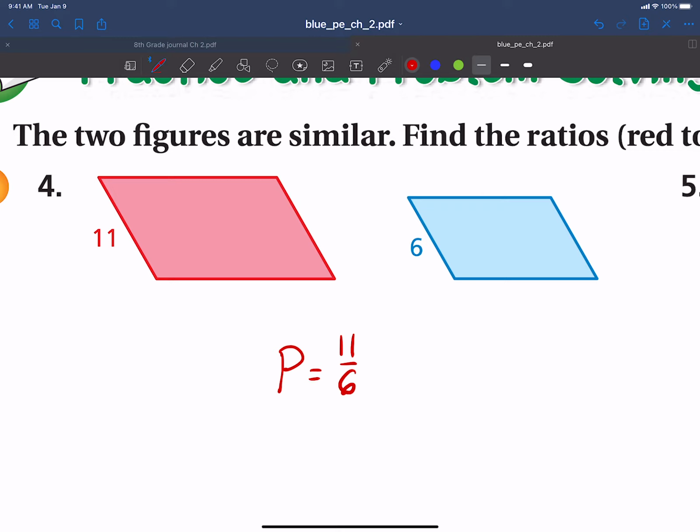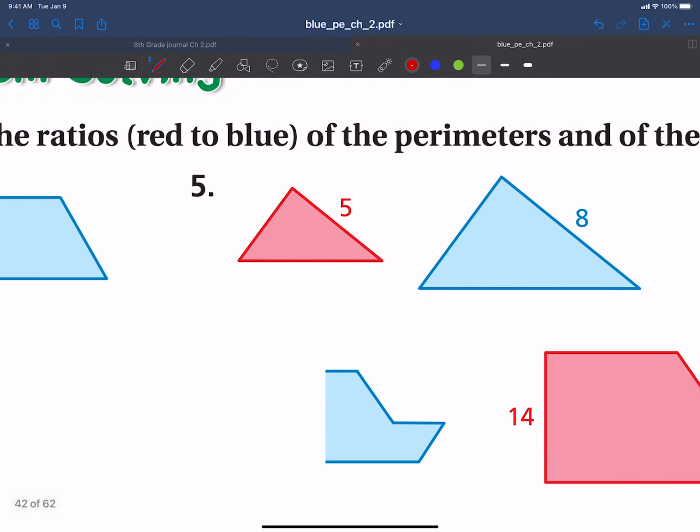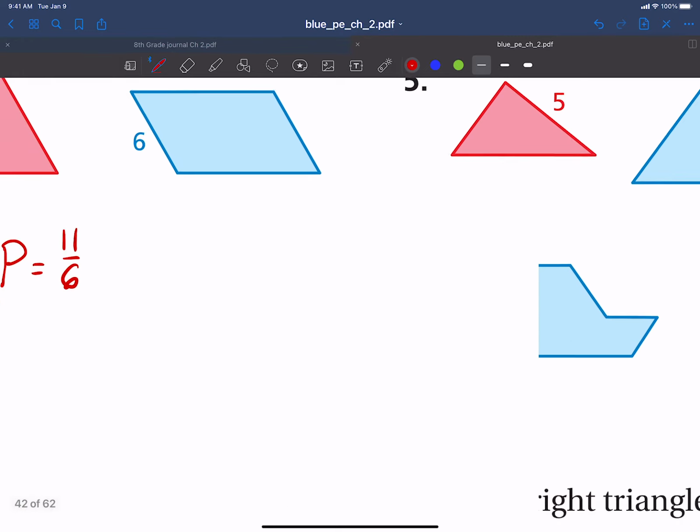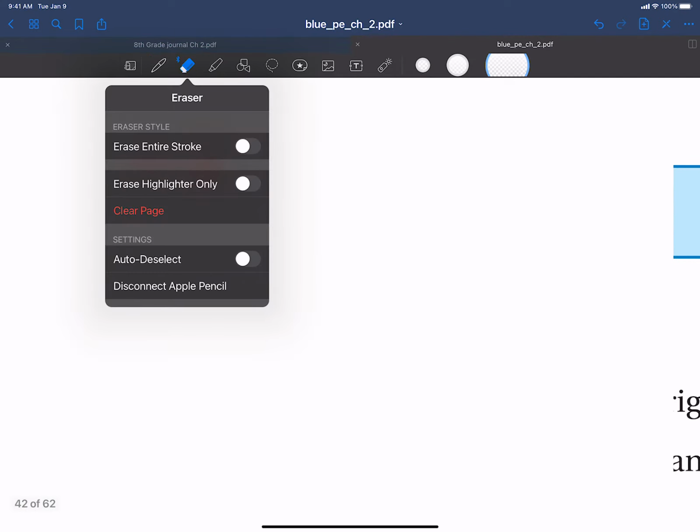Easy enough? Okay. You don't have to write down the next one. We're just going to say it out loud. I'll wait till everybody gets a chance to finish this. Nope, that's literally it. Weird, right? So weird. How about 5? Red to blue. What's the perimeter? 5/8. Good.